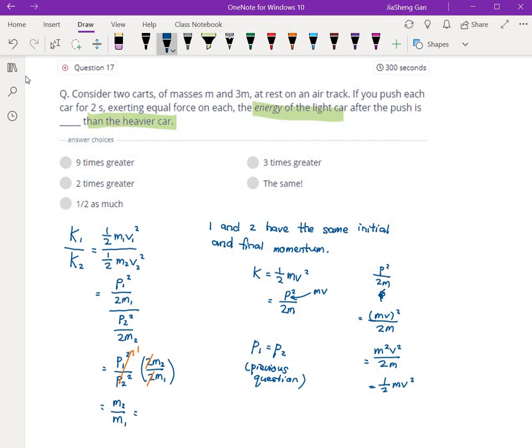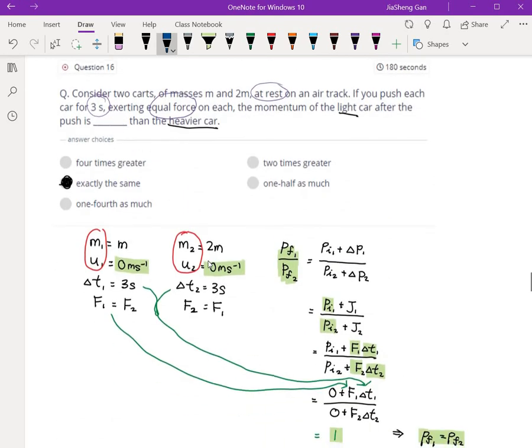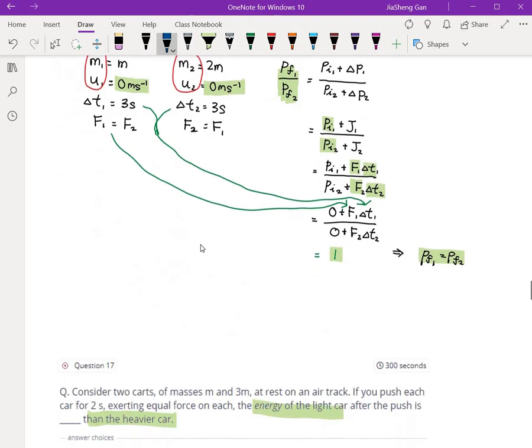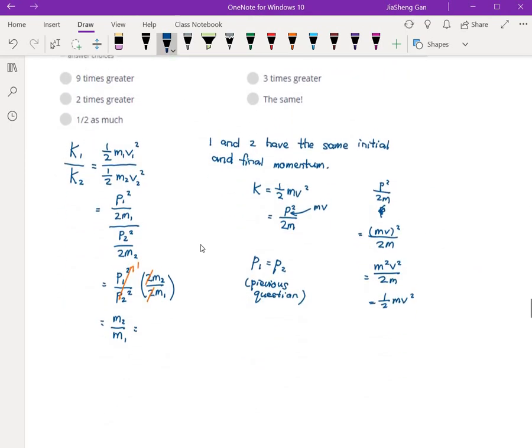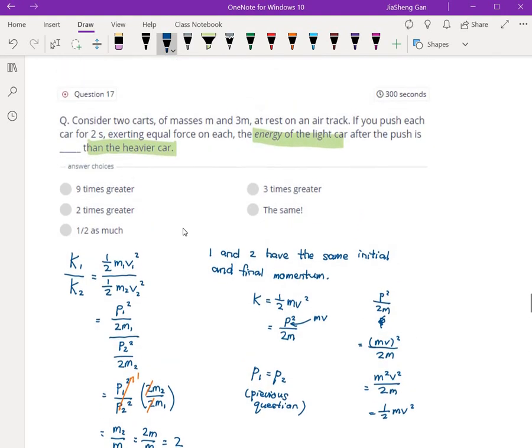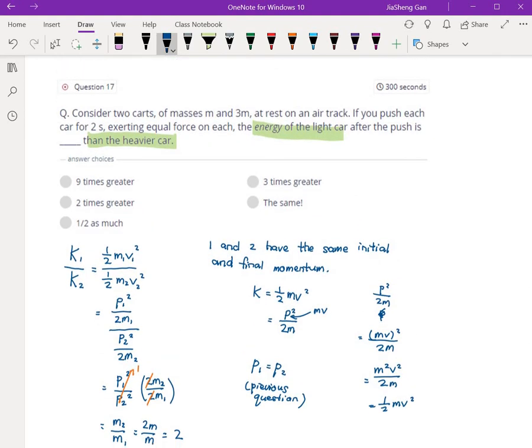We know from up there, m2 is 2m, m1 is m. And therefore, the answer is 2. The answer will be 2 times greater.